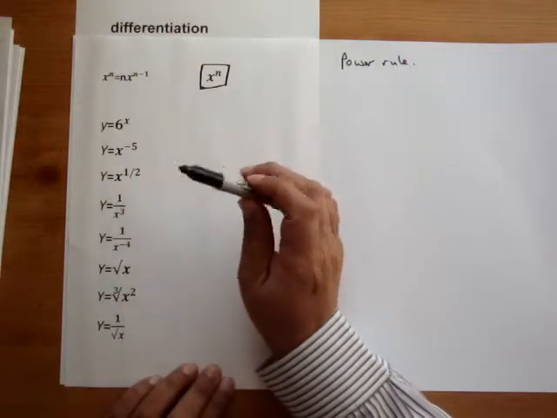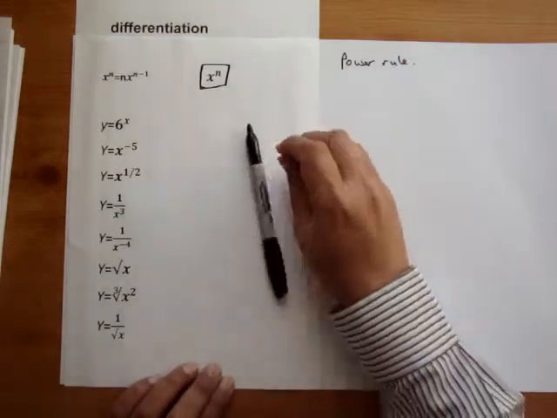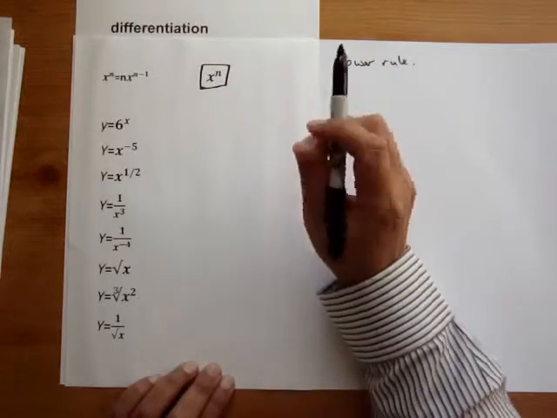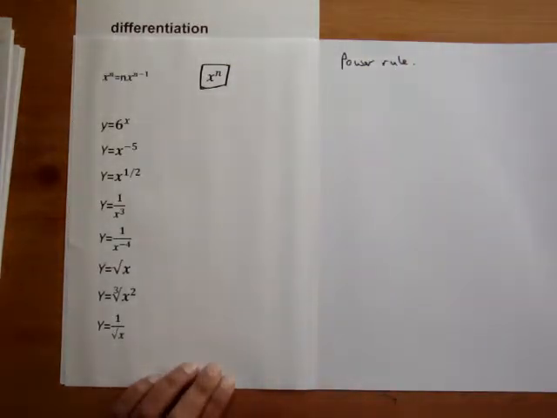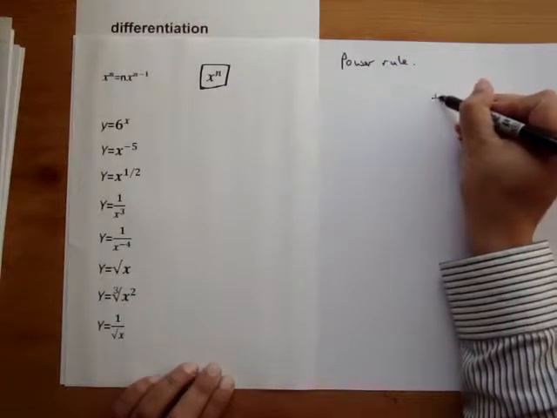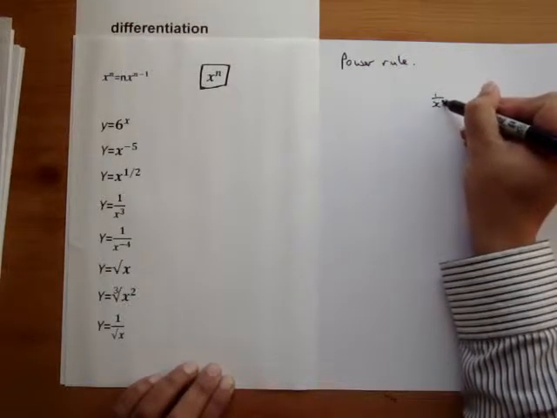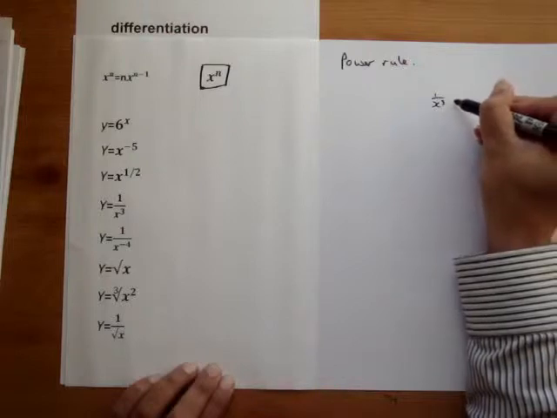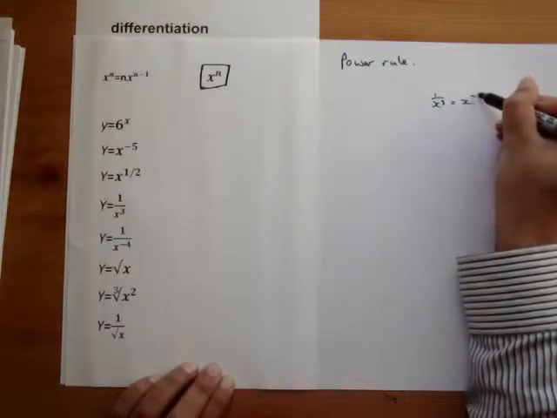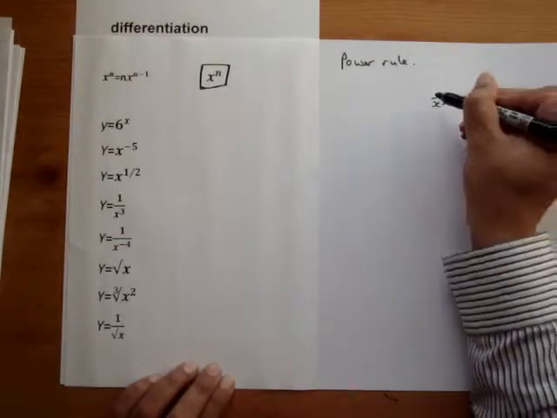So what we need to do is convert them, if we can, into this form, x to the power n. And for that we'll use the rules of indices. So 1 over x cubed, using the rules of indices, is x to the minus 3.